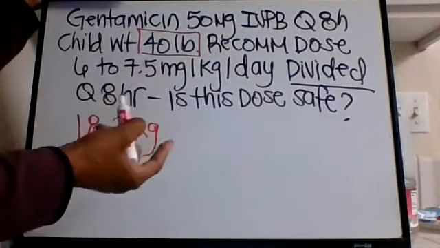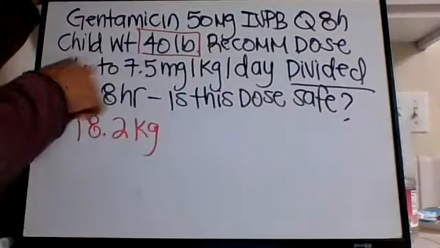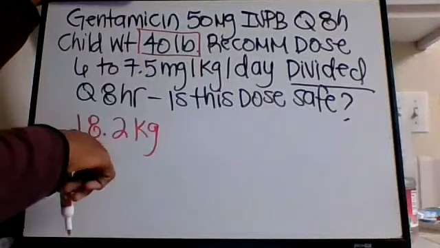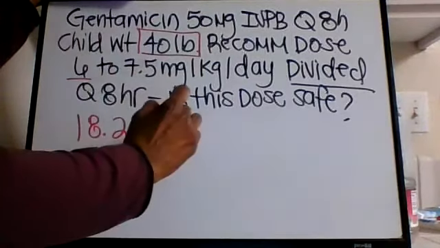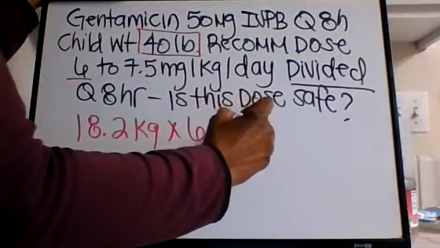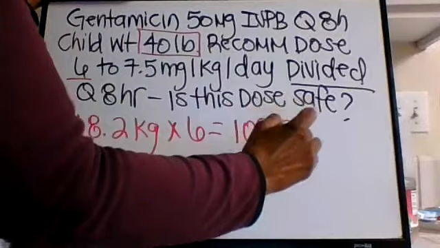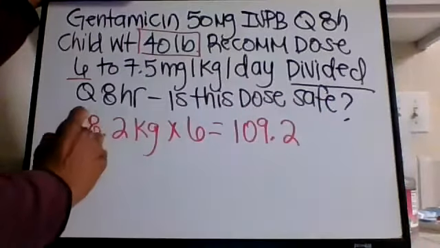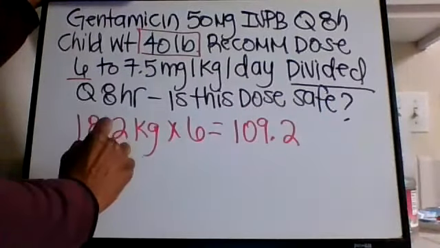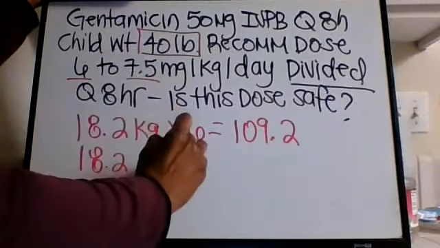Okay, so the first thing we do now is to get the recommended dosage range, because this is a range. We're going to take the child's weight and we're going to times it by the 6, and we come up with 109.2. All right, and now we're going to take that same weight, 18.2, and we're going to times it by the 7.5.